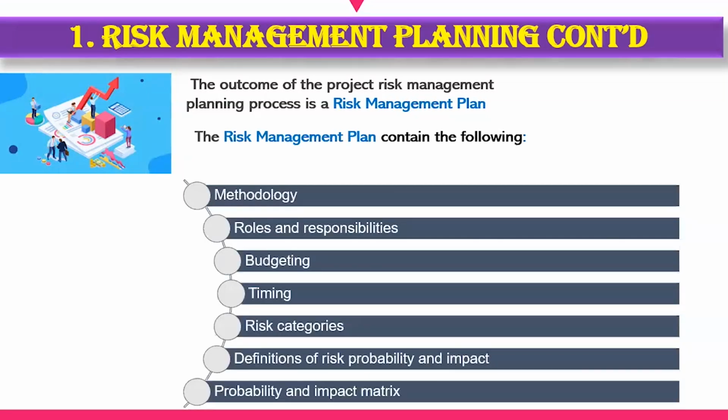So it should contain the following: methodology. What kind of risk framework are we adopting? What processes are we using to ascertain the risk on the project? Roles and responsibility. Who does what on a project? How do we assign risk? How do we identify who is responsible for risk identification, risk analysis, risk classification?